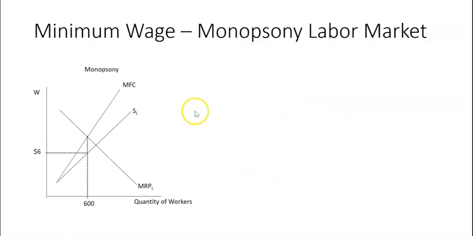A monopsony has a graph where the MFC is greater than the supply curve. You're still finding the optimal number of workers where MFC equals MRP. If the government imposed that $10 minimum wage on the monopsony, what you would see here is that the number of workers that they would be willing to hire, the quantity demanded, is going to be lower than the quantity supplied.